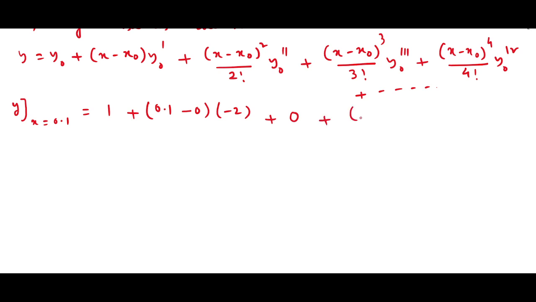Plus 0.1 minus 0 whole cube by 3 factorial. 3 factorial is 6. And what is y naught triple dash? Our y naught triple dash is 6, and all the other terms are 0, right? So now we have to calculate it. If we calculate it, then we get the actual value. So let us calculate and check what will come.